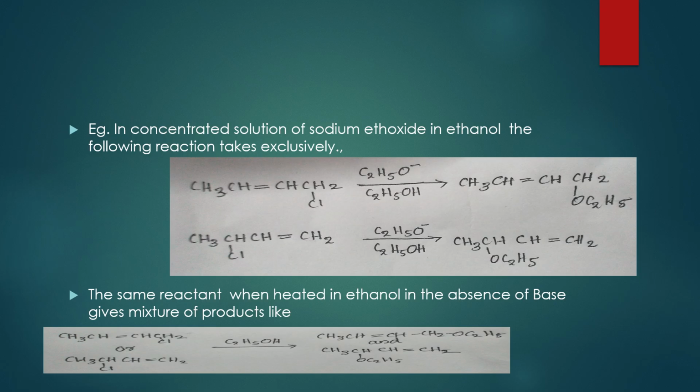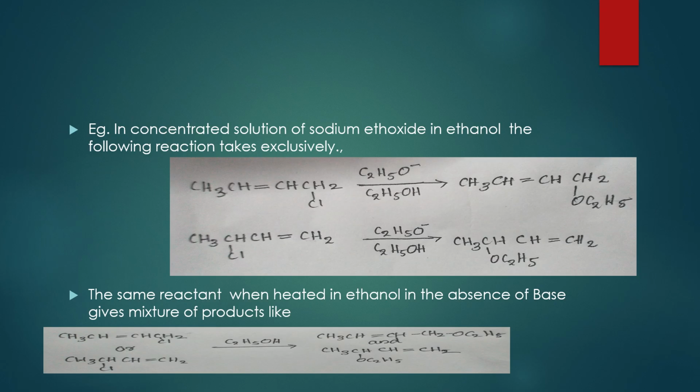The carbocation that is formed is an allyl cation, so it can undergo rearrangement where the positive charge may appear on the terminal carbon atom or on the other side of the three-carbon allylic system. Once this carbocation is formed, the nucleophile simply combines with it. Accordingly, you may get two different products.